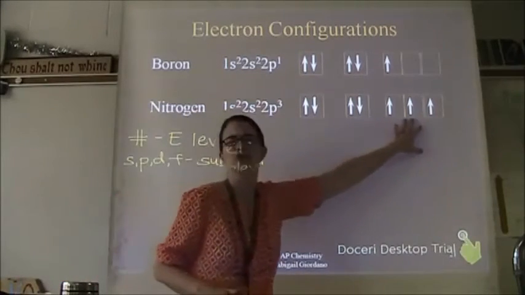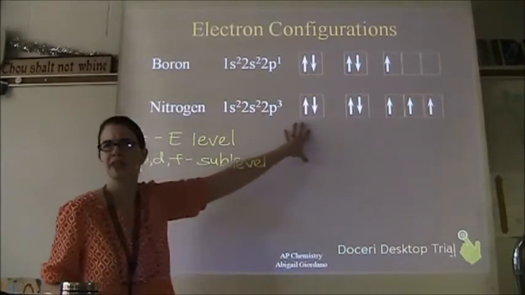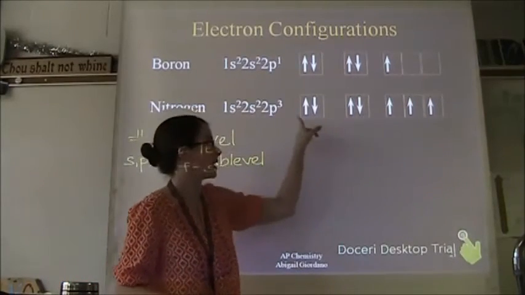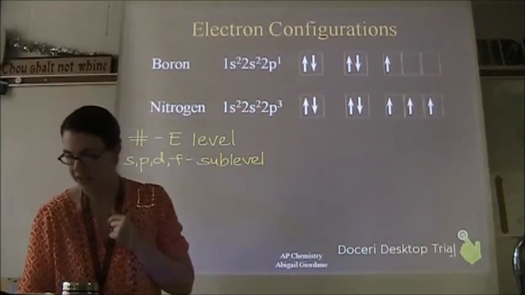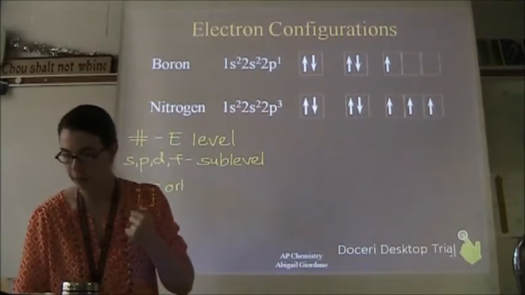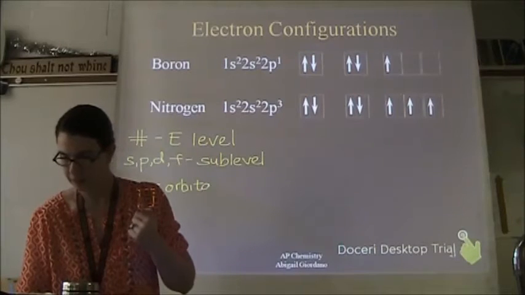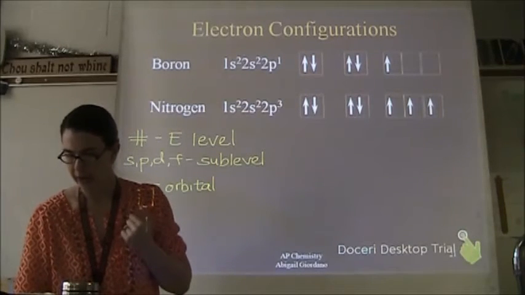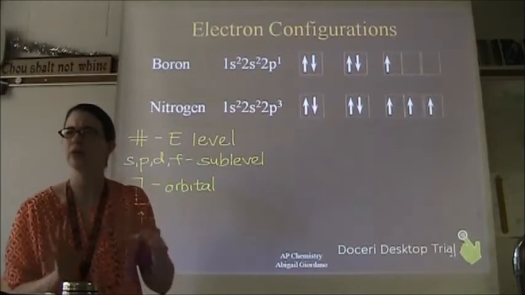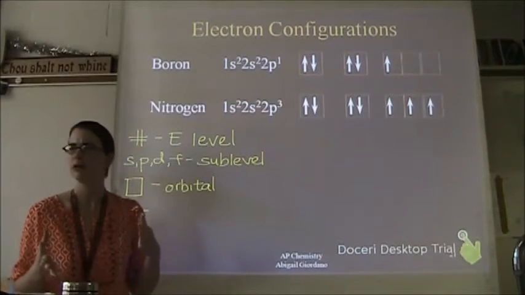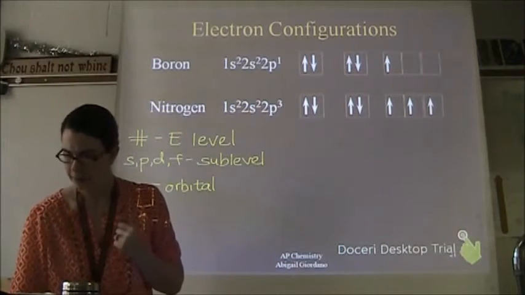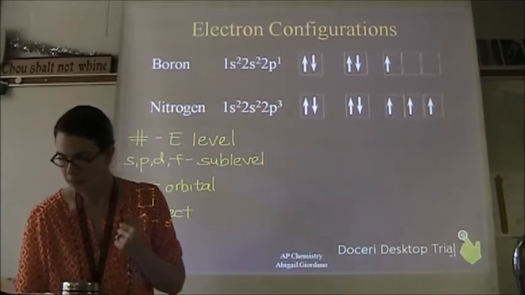When you draw out the arrows for electrons? Orbital. Okay, each box is representing an orbital. And then at the lowest level, what does each arrow represent? An electron. Yeah. Okay.